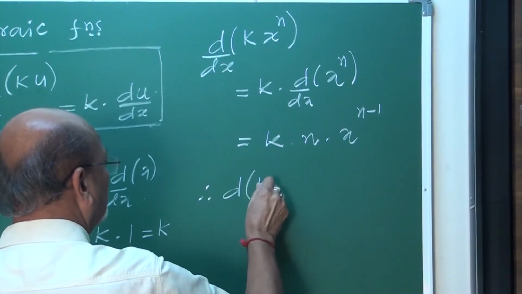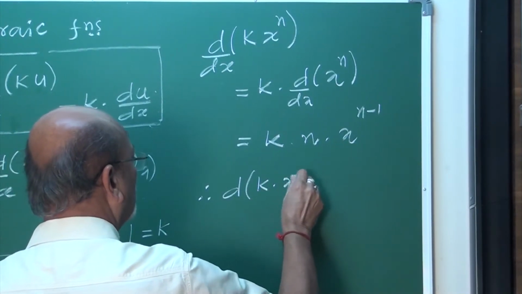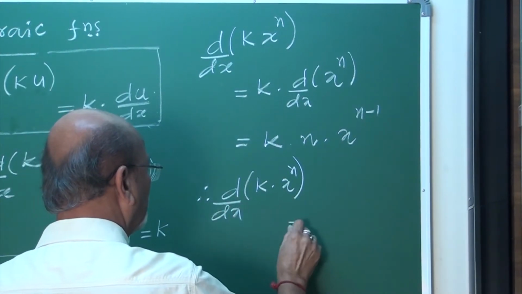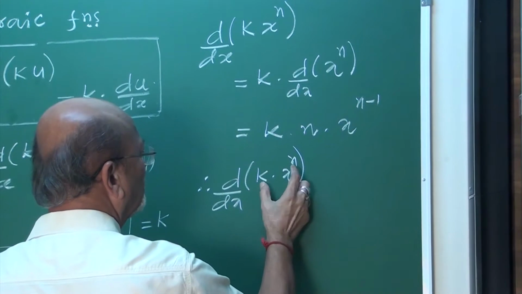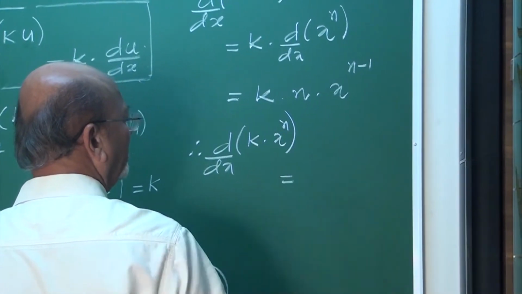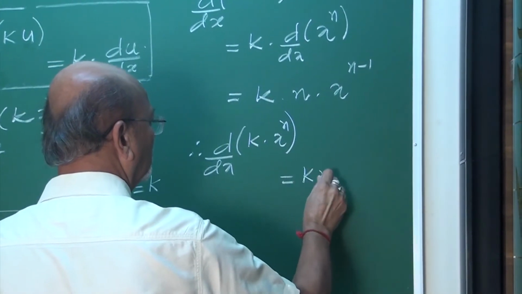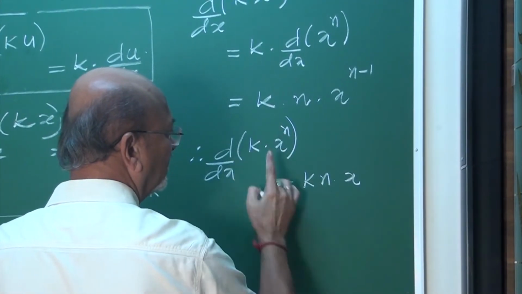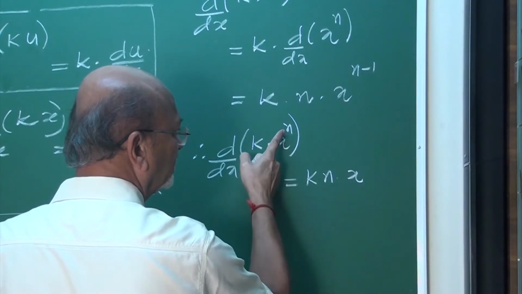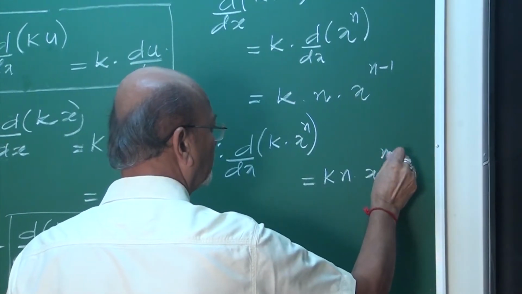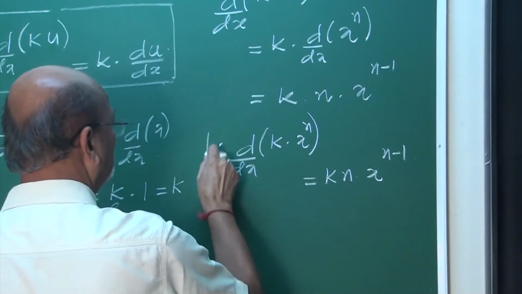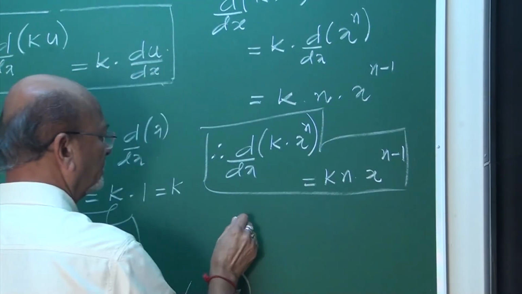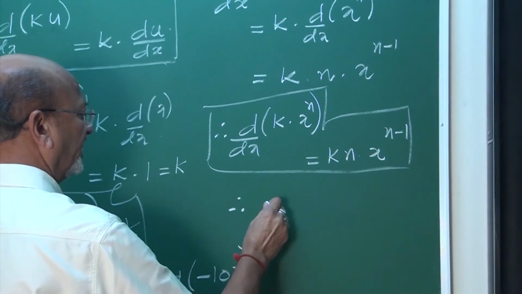You multiply both directly, kn, into x to the power 1 less. Don't take 1 less of the coefficient; it is 1 less of the power, n minus 1. This is the tip, my friends.